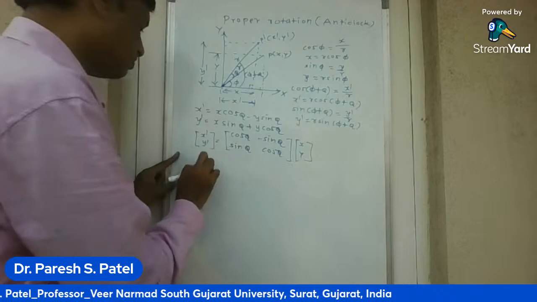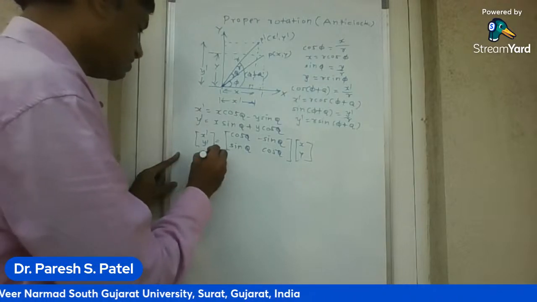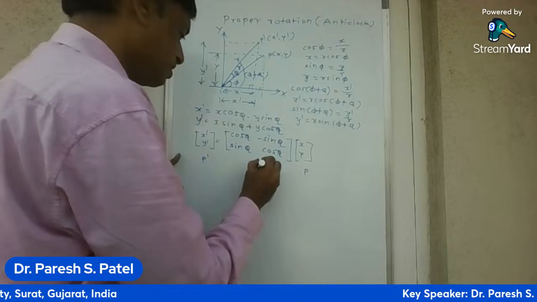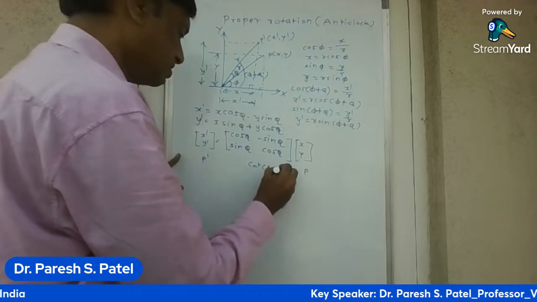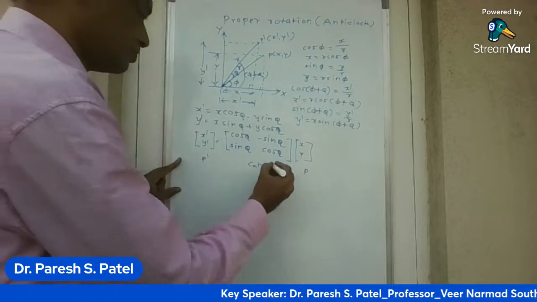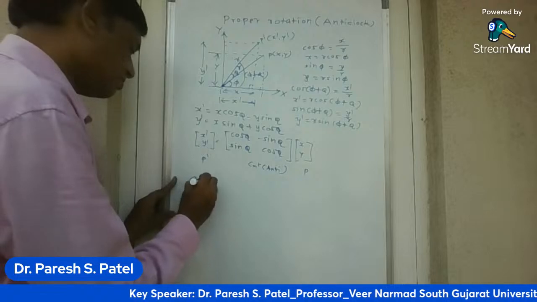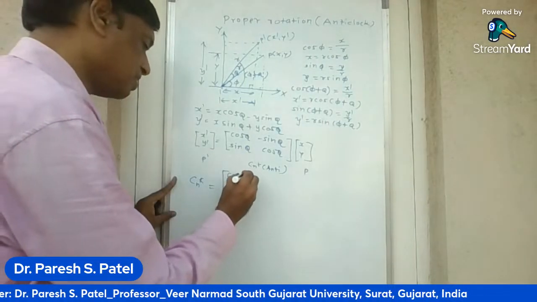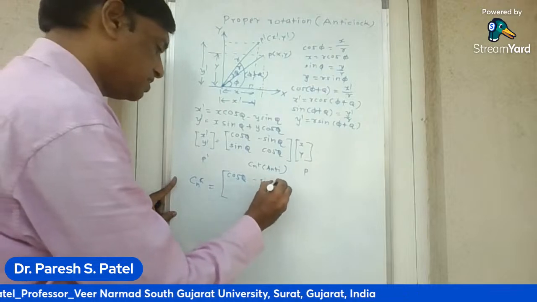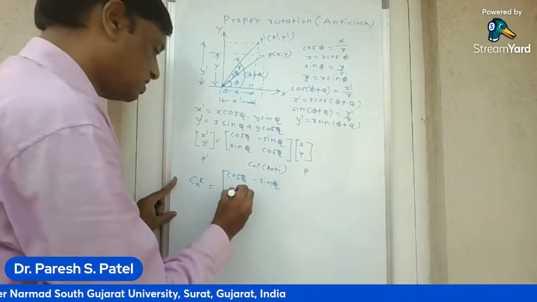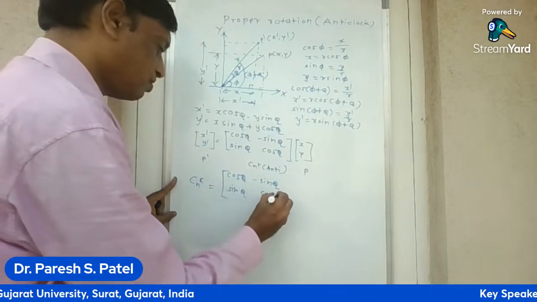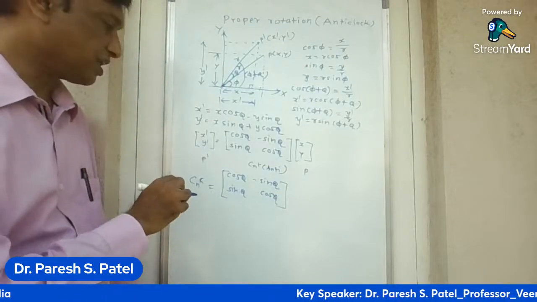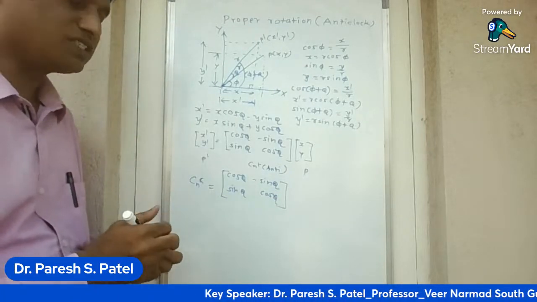This is P dash, this is P, and this is C_n anti-clockwise. So C_n anti-clockwise can be represented as cos theta, minus sin theta, sin theta, cos theta. Okay, so this is the rotation in the two-dimensional system.